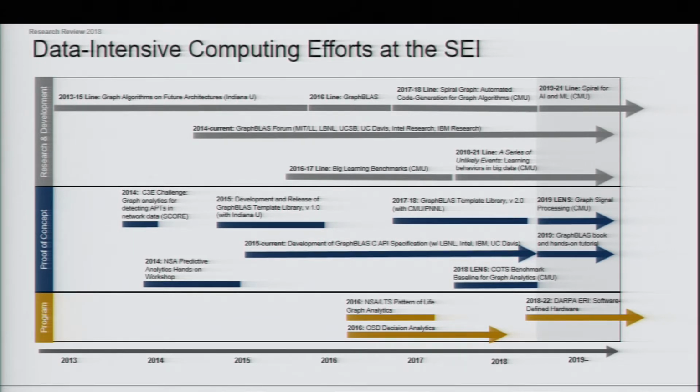Over the years, it has included collaborators from other national labs, especially Lincoln Labs, and more recently the Department of Energy's PNNL, Pacific Northwest National Lab. It has resulted in customer engagements in the area of predictive analytics, pattern of life graph analytics, and projects similar to that.